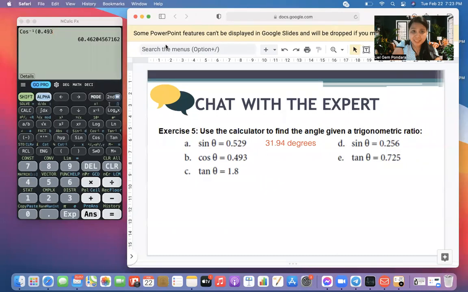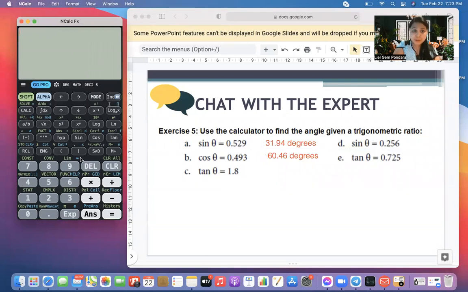Again, let's limit our answer to 2 decimal places. We have 60.46 degrees.